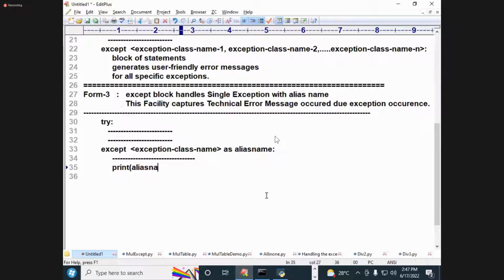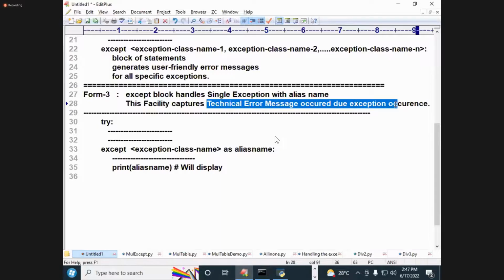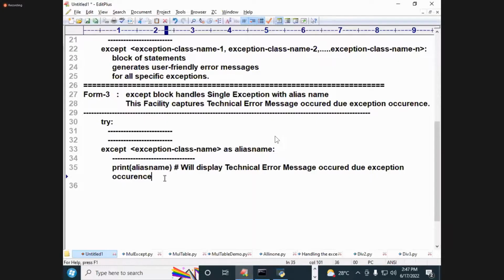It will display the technical error message. It will display the technical error message due to exception occurrence.